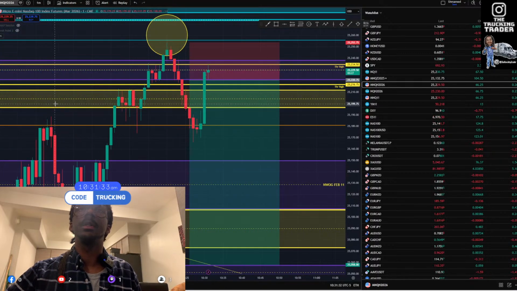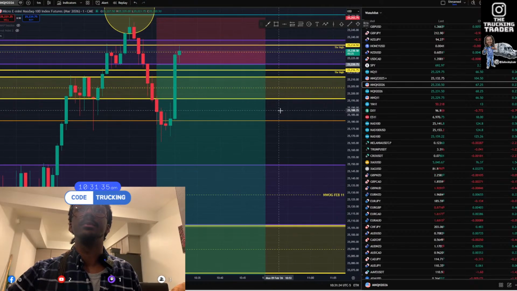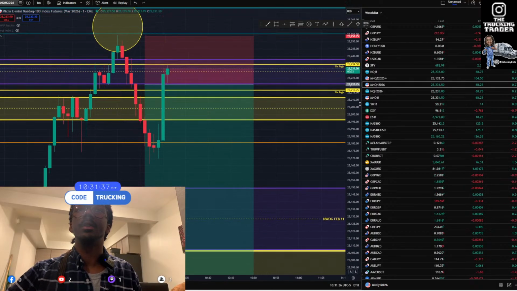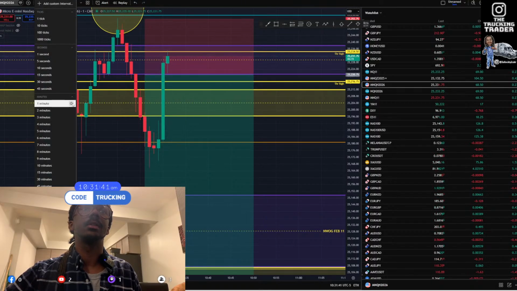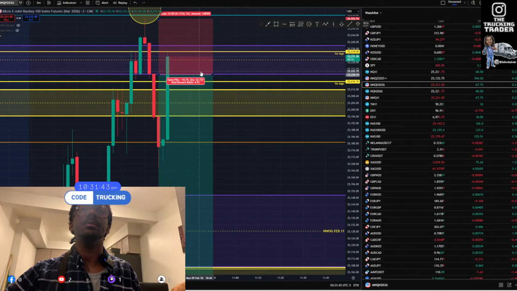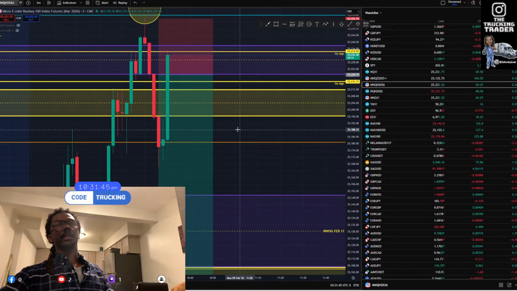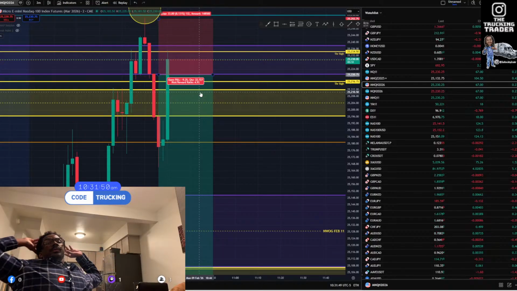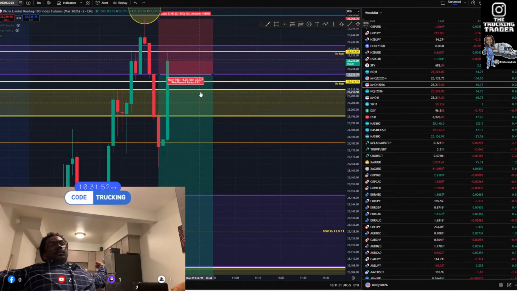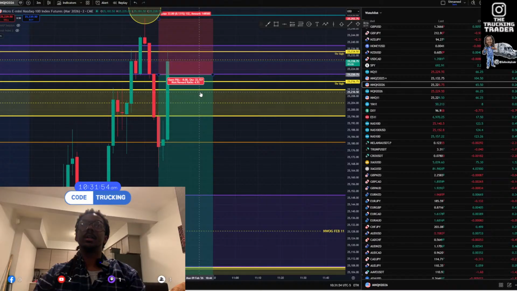Let's see on the 1 minute time frame. This body closed pretty strong. I don't really like that. But let's see on the 2 minute. All right, this is how you try to wait for confirmation. You have to see how these bodies are going to close.